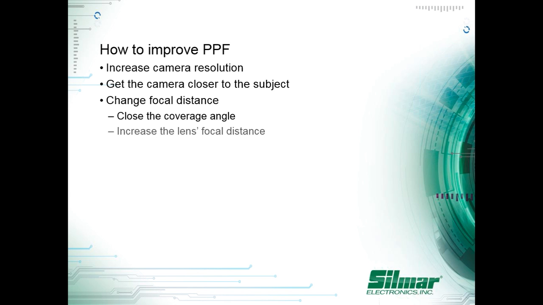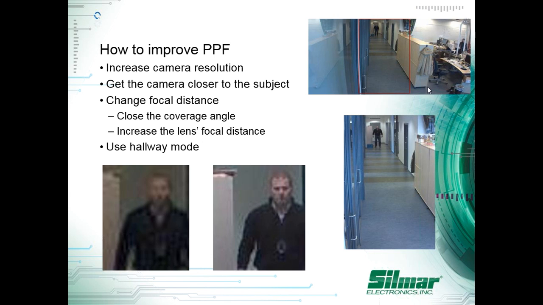And the last way is using hallway mode. Hallway mode, or corridor mode: some cameras come with the option to flip the aspect ratio of the camera. What that does is pretty much eliminate the unnecessary wall view that we have in the top right-hand picture, and it converts it into the bottom right-hand picture, which is the exact same image, just instead of a 16:9 aspect ratio, it's in a 9:16 aspect ratio.